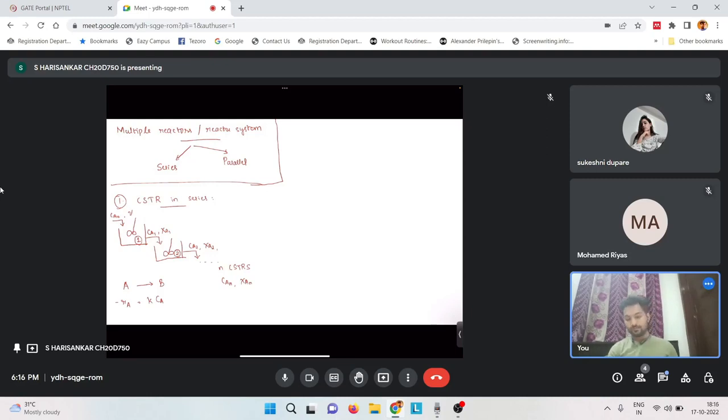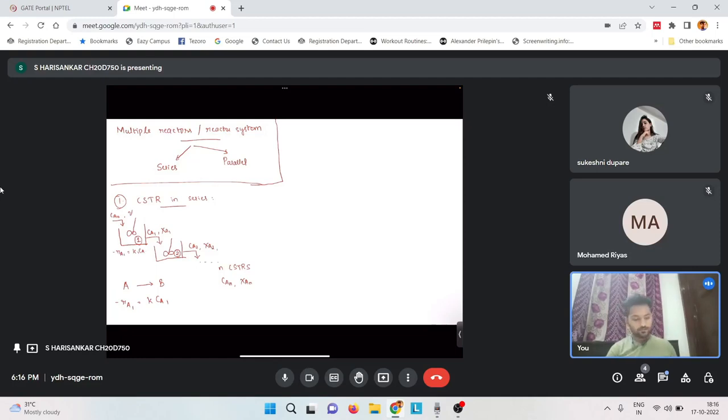Let's say the reaction rate constant varies with these reactors. So for system 1, we have minus Ra1, which is K1 CA1.